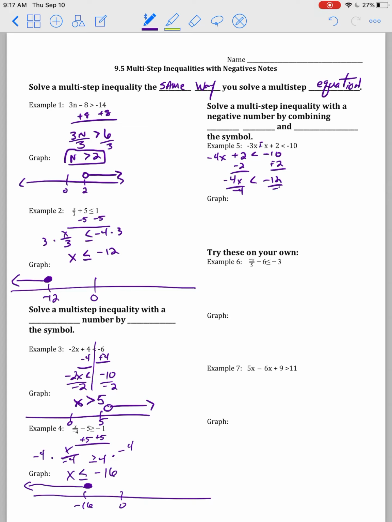I have to divide by a negative. Remember, when you're dividing by a negative, you flip the sign. So x is now greater than or equal to 3 because negative divided by negative is a positive. 12 divided by 4 is 3. So here's your answer. Let's graph it. Now it's a closed circle to the right.